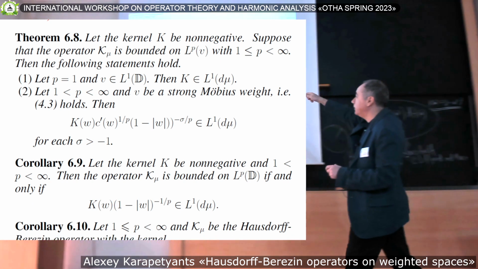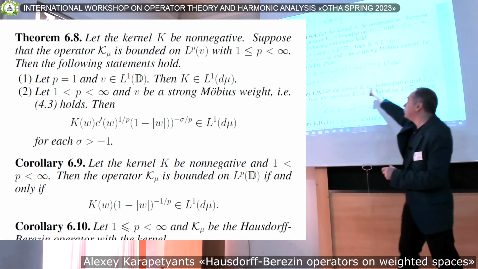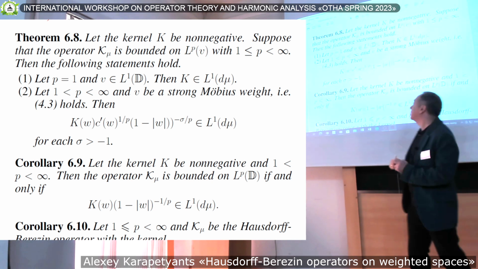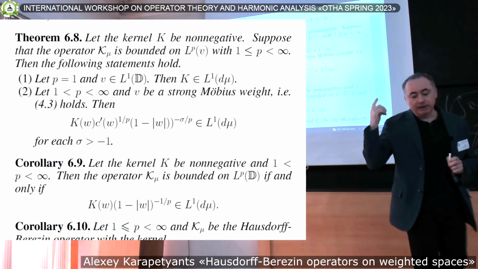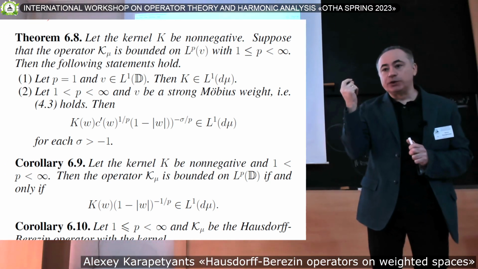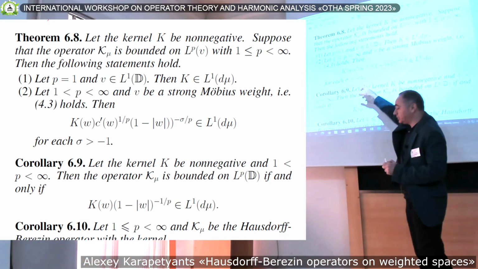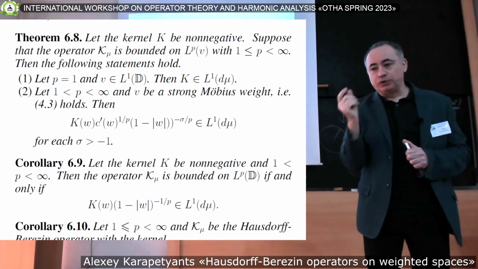For instance, here you have a condition almost similar to the sufficient condition. Instead of an upper bound, here we have a lower bound. And here you have minus sigma over p. You remember we had minus 1 over p, and sigma, I guess this is a misprint. Sigma must be greater than 1. So it's almost the same up to epsilon.